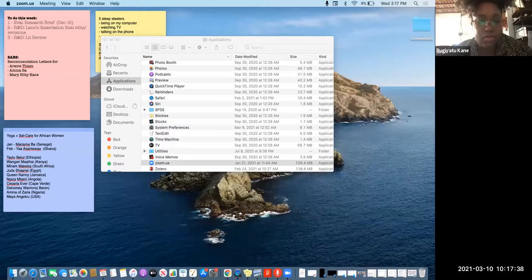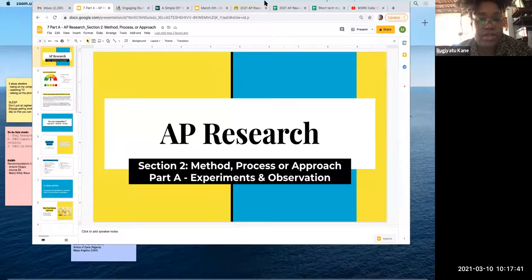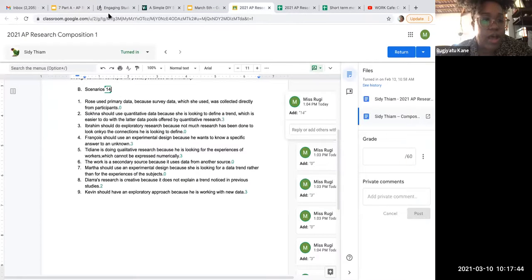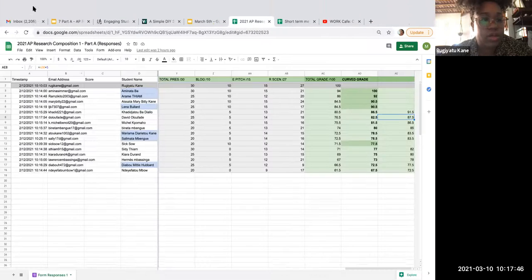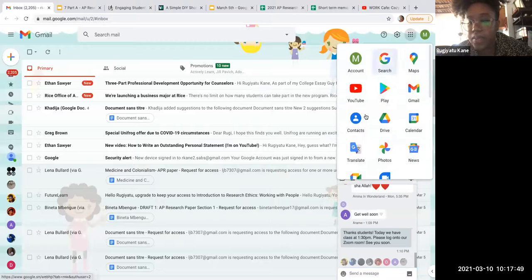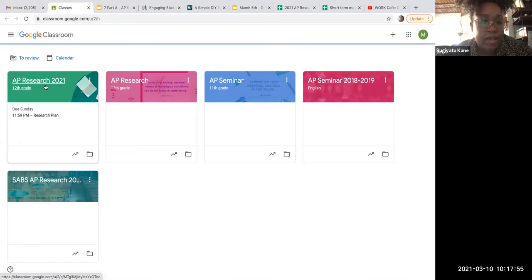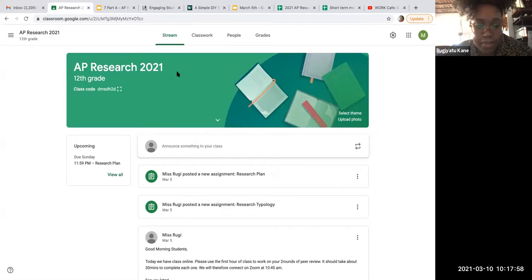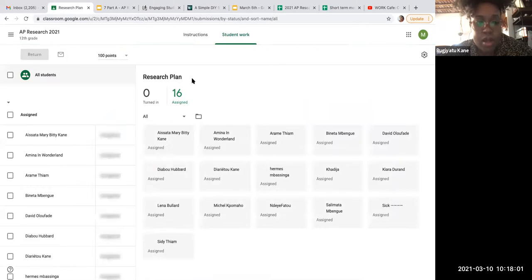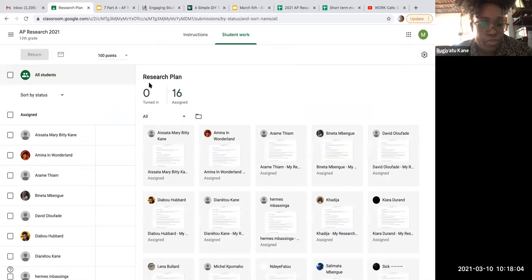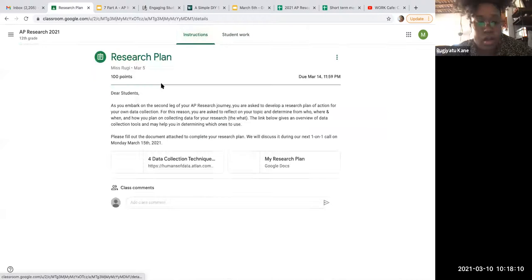There is a template available on the Google Classroom. Let's see if I can find it. Okay, there's a template that's available in the Google Classroom. You should be able to fill that template out directly and be as specific as you can about your plan.